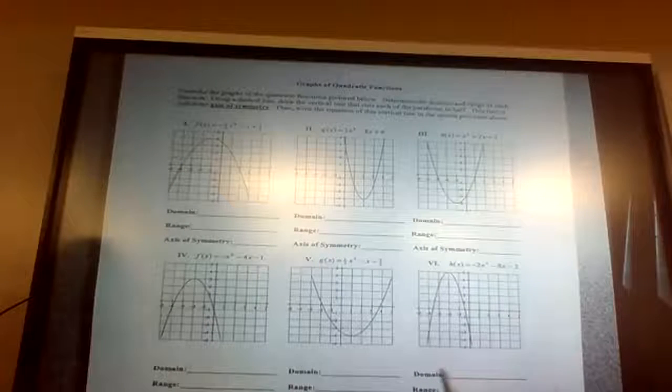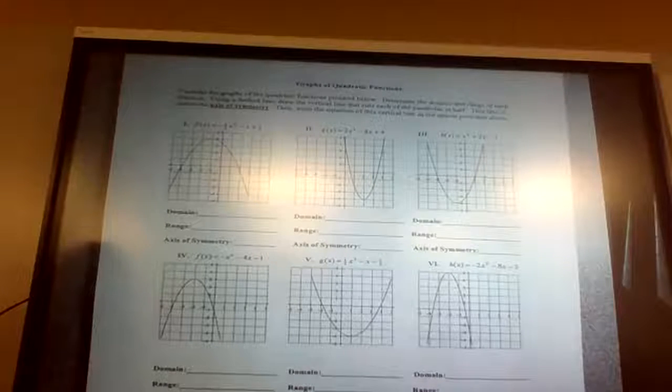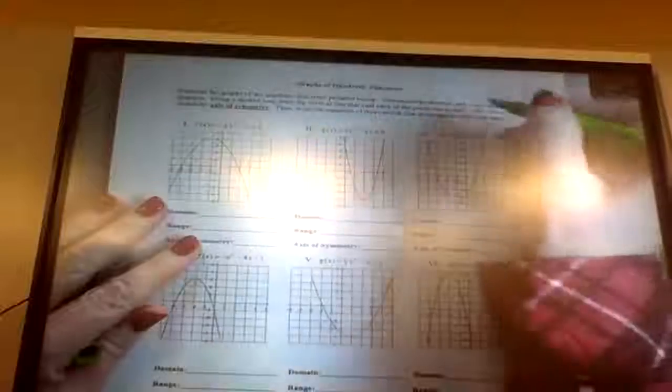Determine the domain and range of each function. Using a dashed line, draw the vertical line that cuts each of the parabolas in half. This line is called the axis of symmetry. Then write the equation of this vertical line in the space provided. So that's important. The vertical line that cuts each of the parabolas in half is the axis of symmetry.